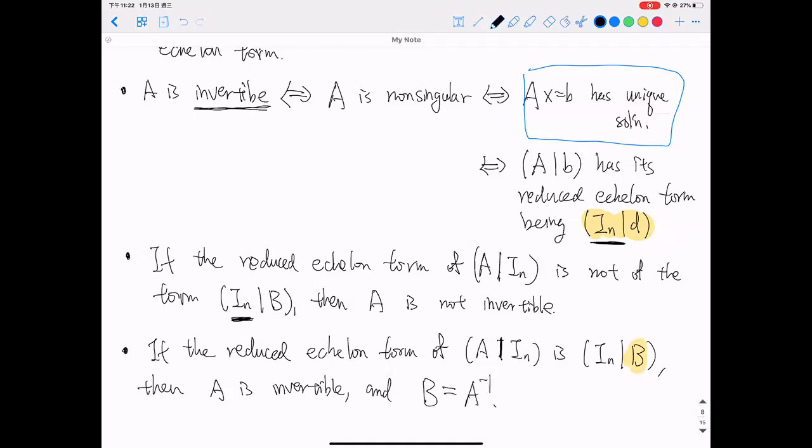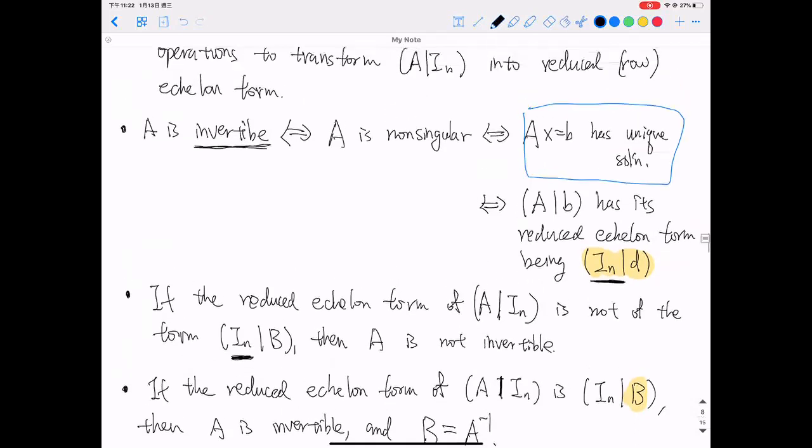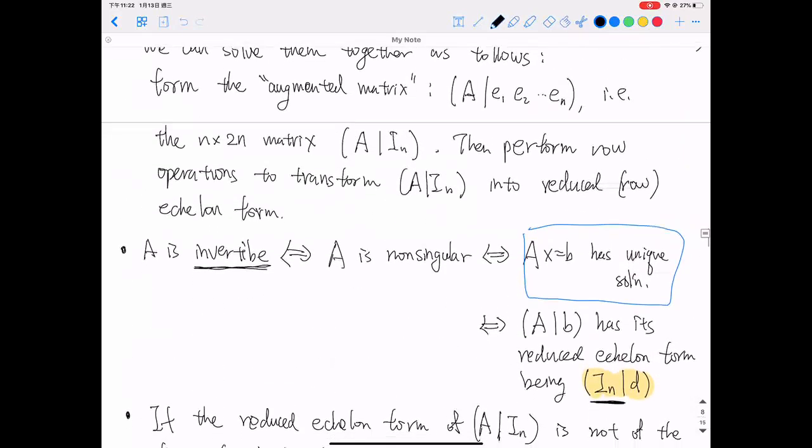So now this is a complete algorithm for deciding whether A is invertible or not, and if invertible, what its inverse is, simply by forming this n by 2n matrix and performing row operations to get to reduced echelon form.